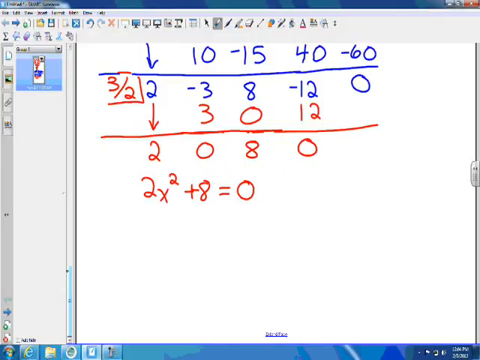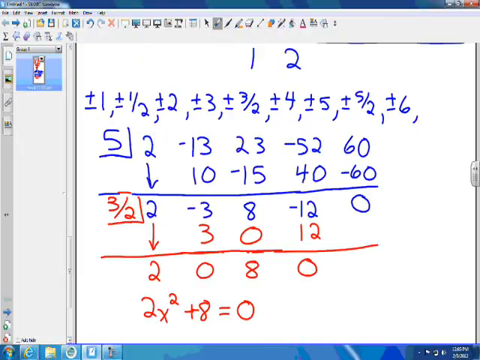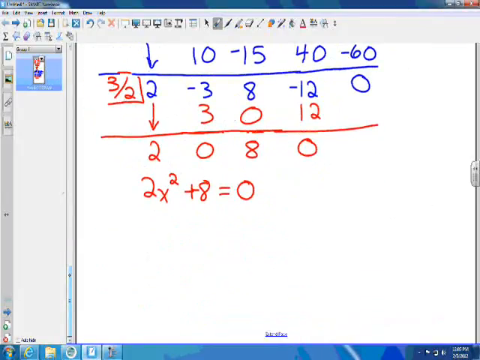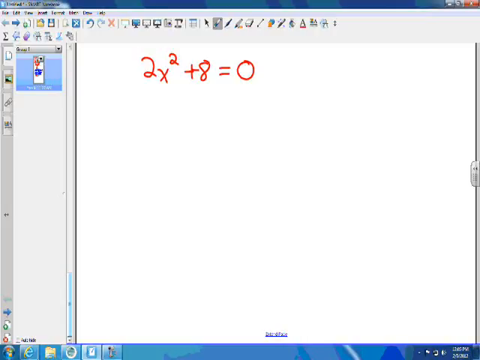And what method did I tell you to use? Quadratic formula. What's your A? What's your B? 0. And your C? 8. What's the easiest method to solve this, though? Subtract 8.